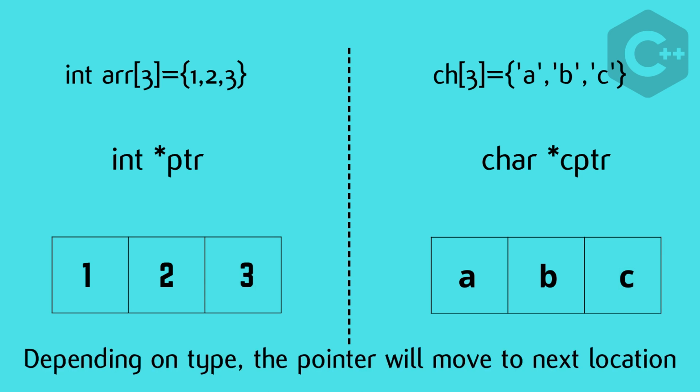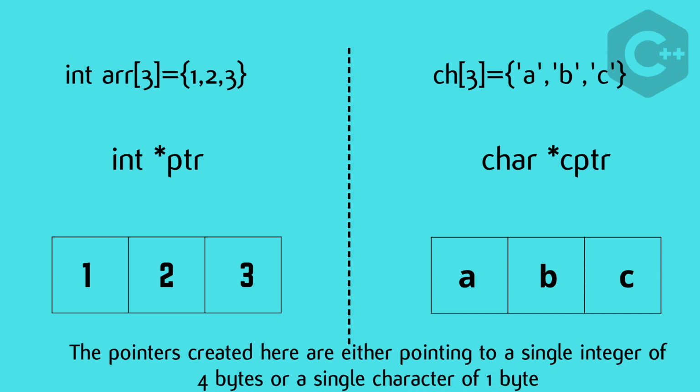So here, depending on type, the pointer will move to the next location, be it 1, 2, 4 or any number of bytes. So the pointers created here are either pointing to a single integer of 2 or 4 bytes or a single character of 1 byte.